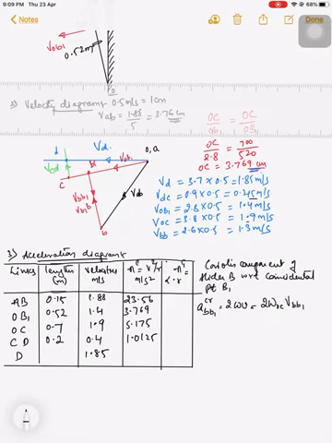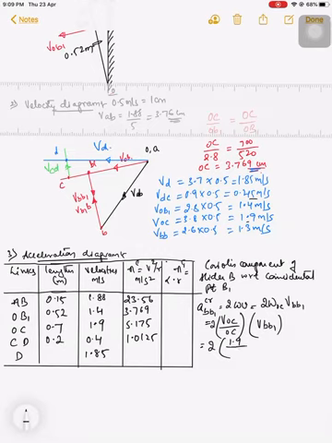Omega OC can be found by the formula VOC divided by link length OC. So substitute the values here.